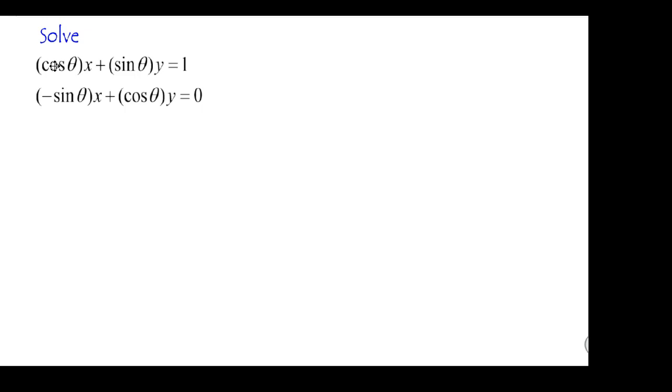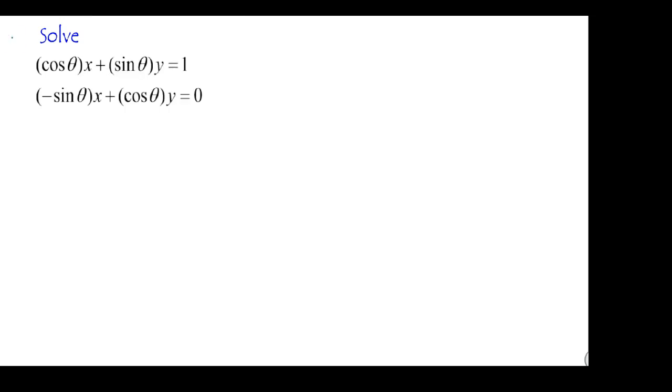To transform it into row echelon form, in my first iteration, I need to have a coefficient of 1 on the x. So to change cosine of theta x to 1x, I need to divide that entire row by cosine of theta.